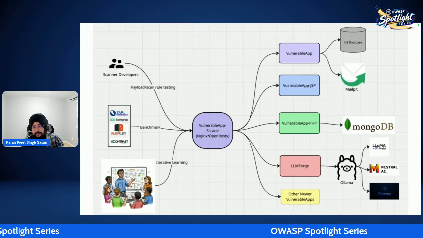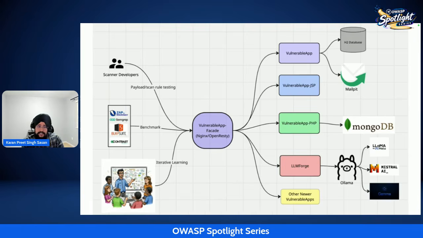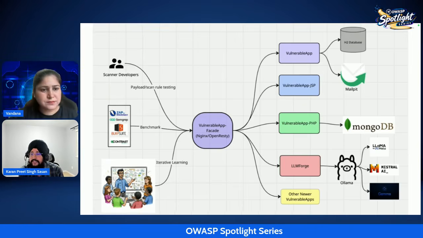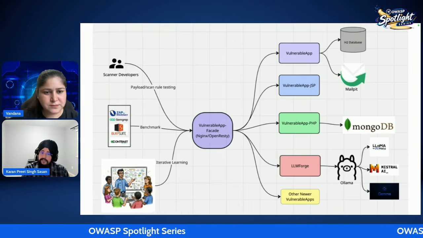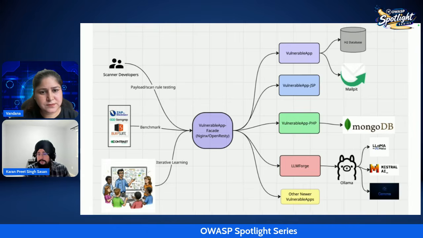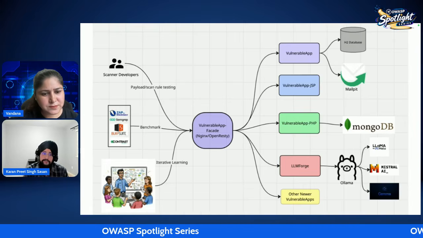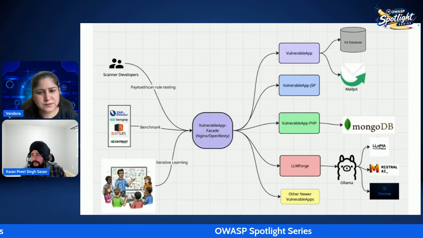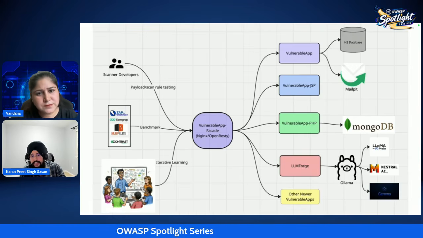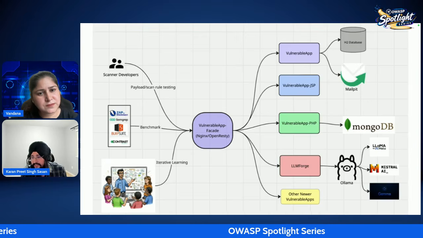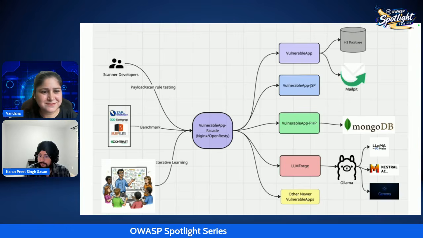Now, the vulnerable app facade routes the traffic from any end user to the different vulnerable applications. We have implemented multiple vulnerabilities for each of the tech stacks. So whenever, for example, a scanner developer or a student wants to learn about AI-related vulnerabilities, the same vulnerable app facade routes the requests towards LLM Forge, and then they can play around with the LLM vulnerabilities.